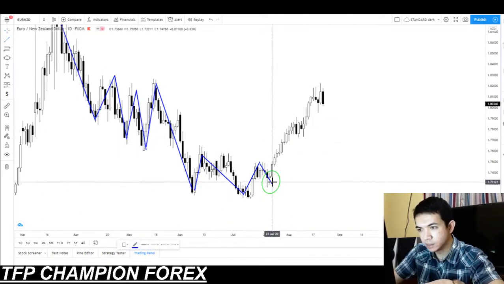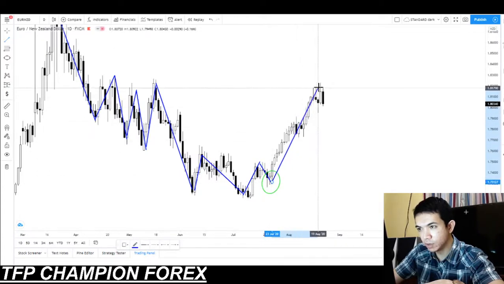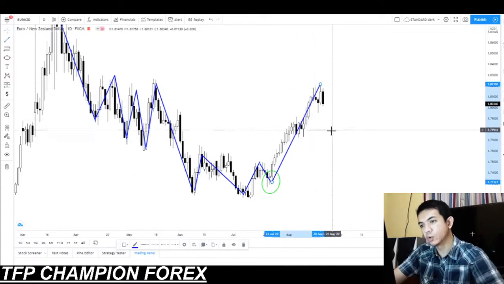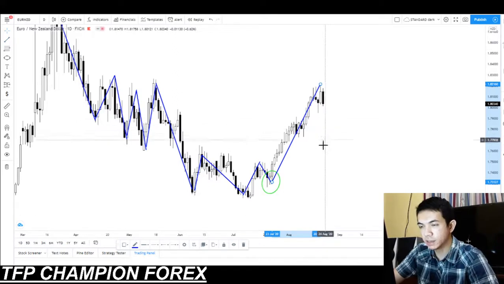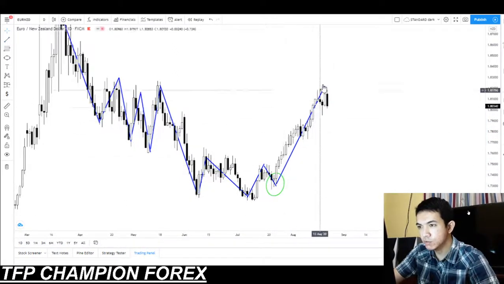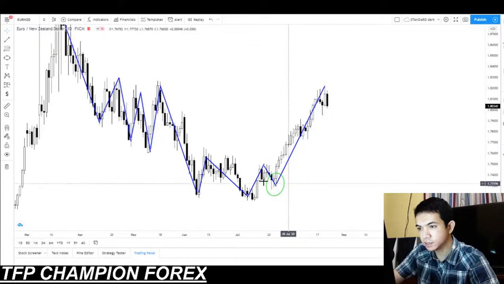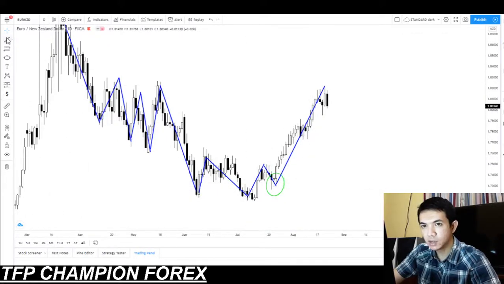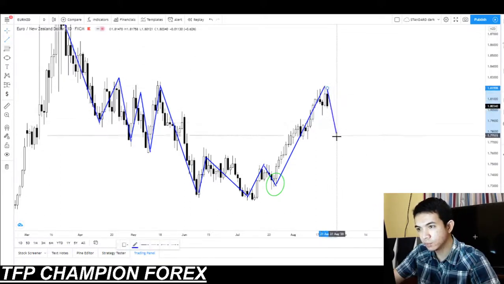So the price definitely made a move, an impulse going up. So what do we expect? So after a move up coming from this higher low, we can expect the price to make another what?